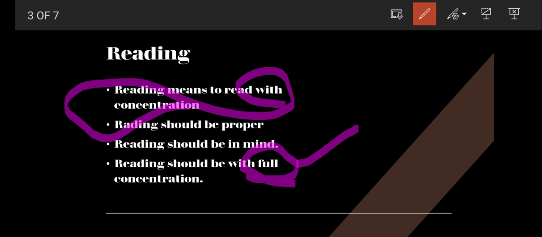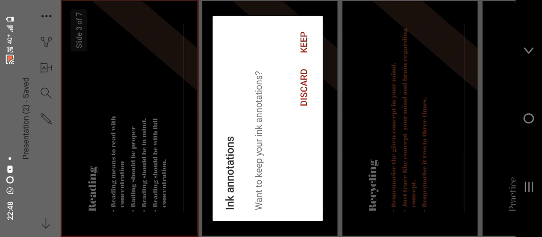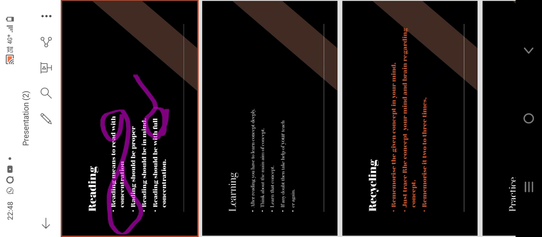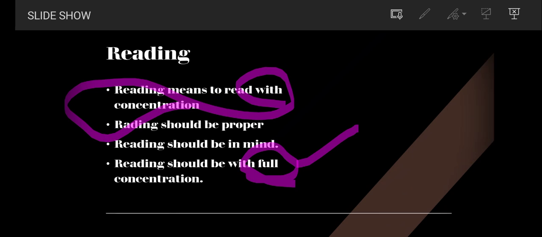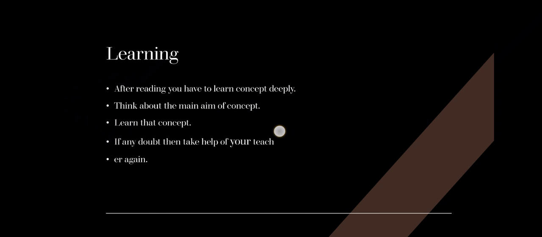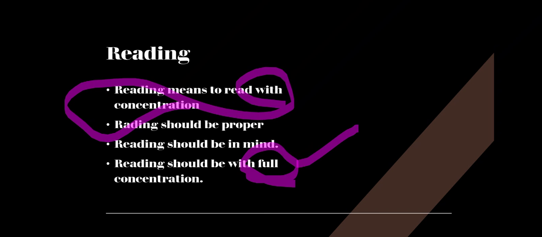When you sit for a particular purpose, for example study or homework, the first 5 to 10 minutes your mind is not doing full concentration work. After 5 to 10 minutes, when you go into a study phase, at that time full concentration is required. So your concentration should be full. That's why I repeat this point.